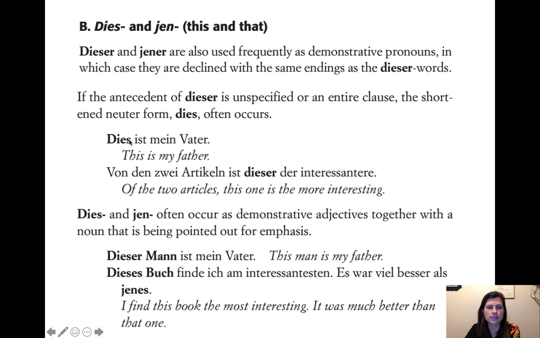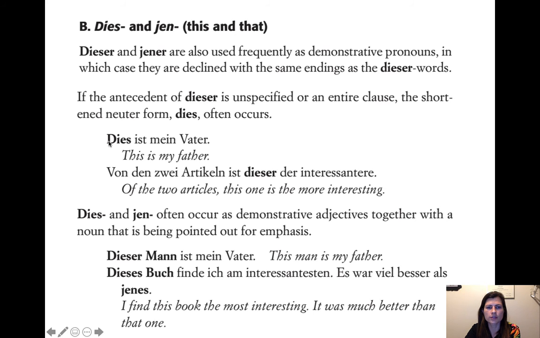Yeah, so dies ist mein Vater. So you will encounter this sometimes. You could also just say das ist mein Vater. There's really not a big difference in meaning here, but dies does sound a little archaic nowadays. The more neutral way to say this would be das ist mein Vater.